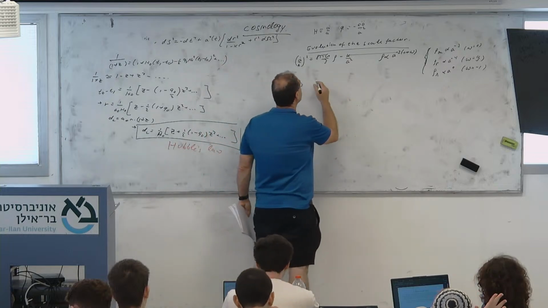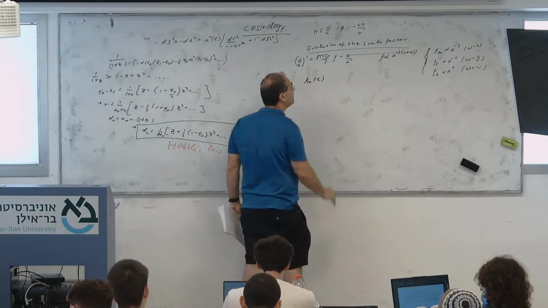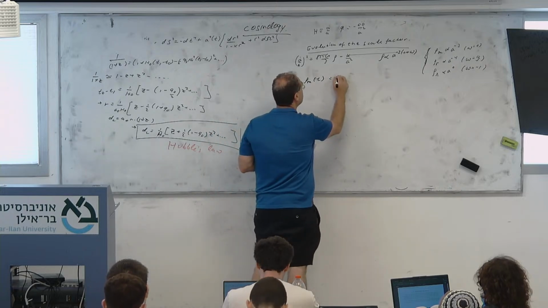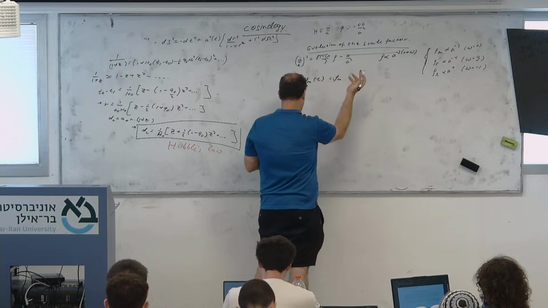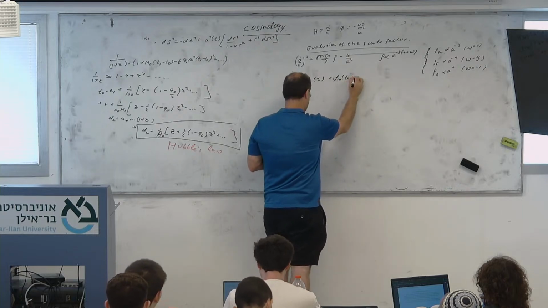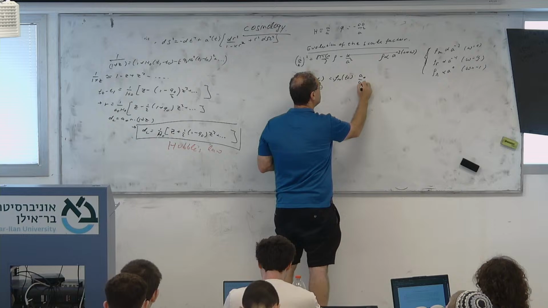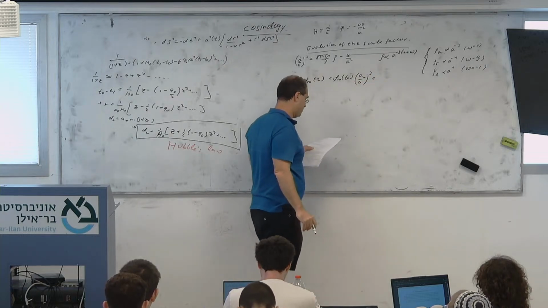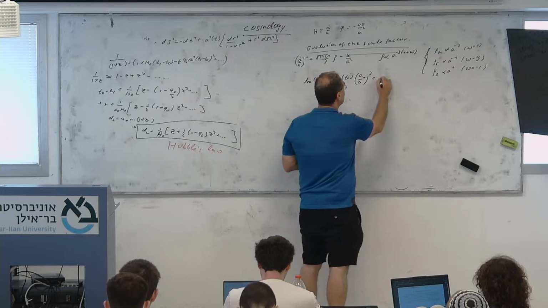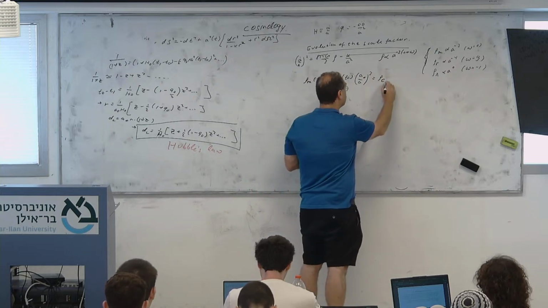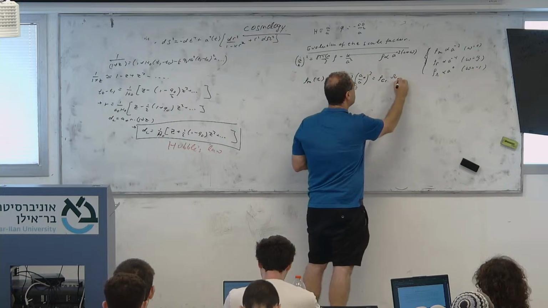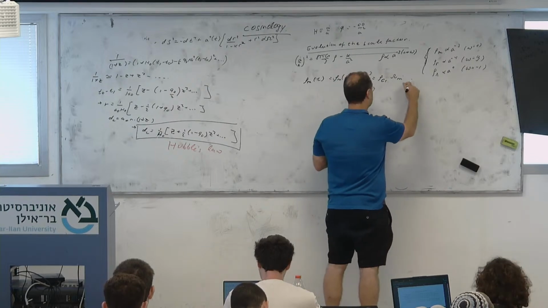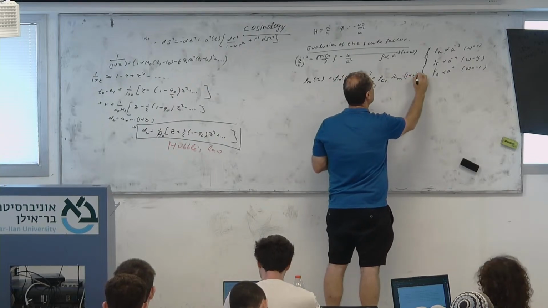So if we look at matter, for example, rho matter at time t is what? Rho matter today, times a0 over a to the power 3. So this is rho critical times omega matter times 1 plus z cubed.